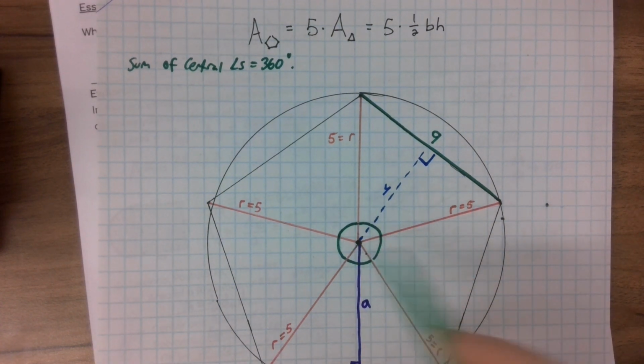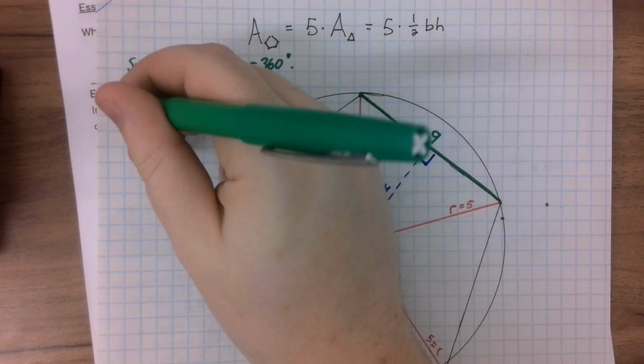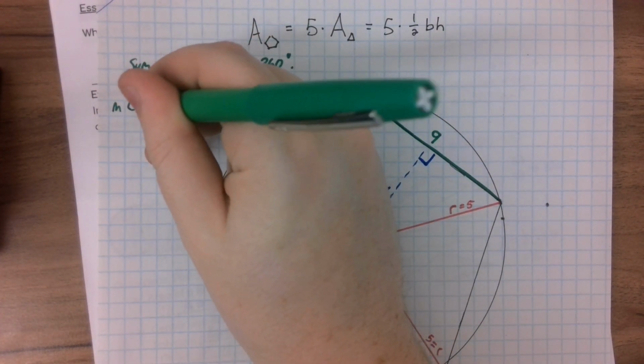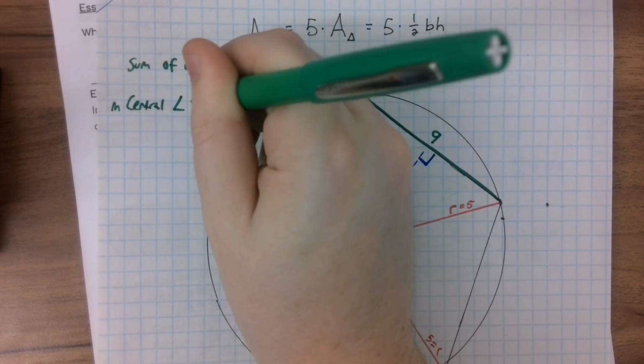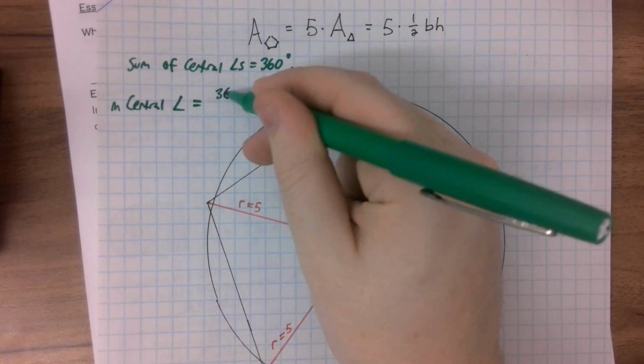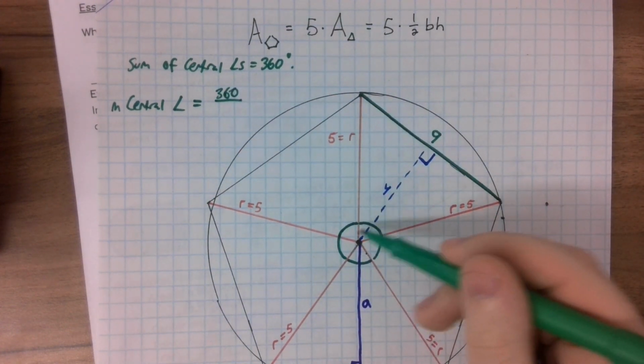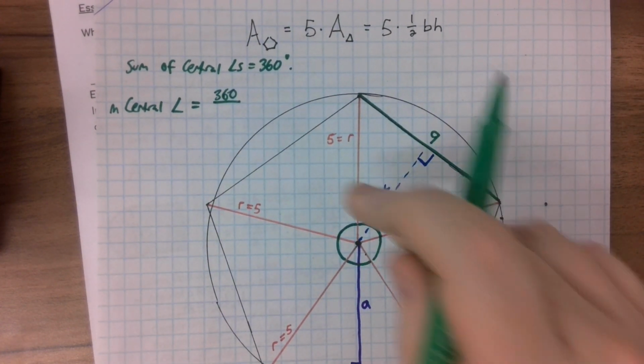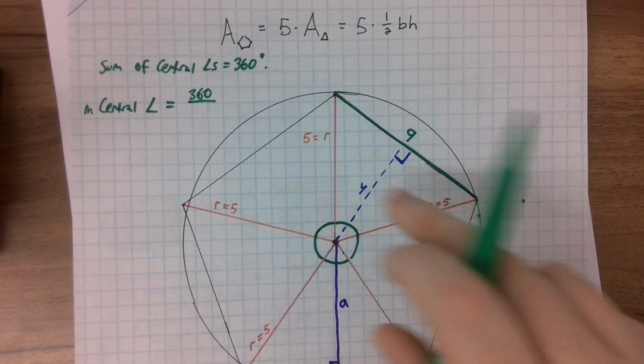And wait, aren't there 5 triangles here? If you want to find the measure of a central angle, we can just take 360 and divide by however many triangles we have on the inside. In this case, there are 5 big red triangles.